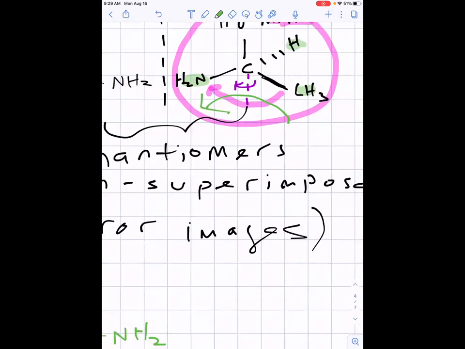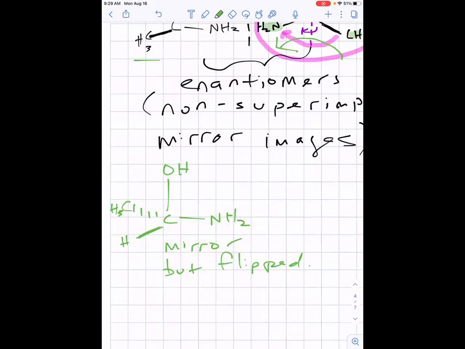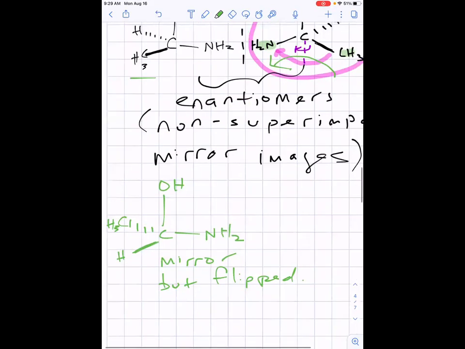You can see that down here in the flipped over mirror image. The CH3 was on a dash in the mirror up top, and when I flipped it over, now it's on a wedge right here. And the H was on a dash, and now it's on a wedge. I think I said the CH3 part backwards. It's on a wedge up top, and down in the flipped over image it's on the dash.